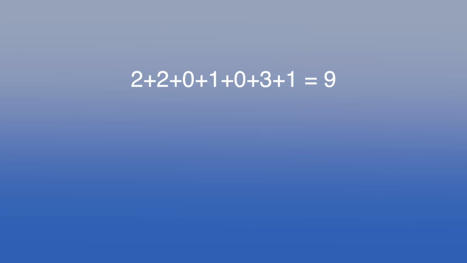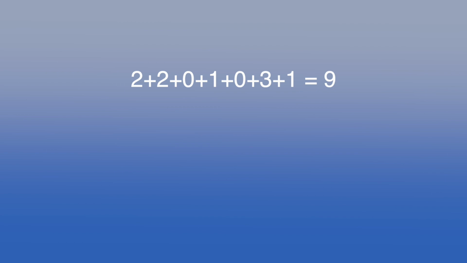Let's take a look at an example up here on the screen. Let's pretend that these are the goals that you scored in a soccer game: 2, 2, 0, 1, 0, 3, and 1. Go back to our definition of mean. We're going to add them all up and then divide by the number of items in the set. So when we add up all of those digits, we get 9.